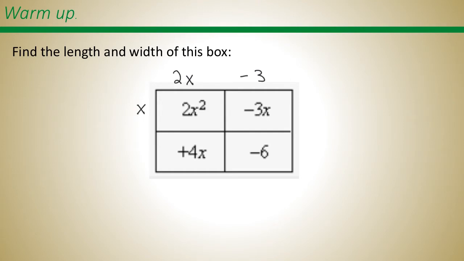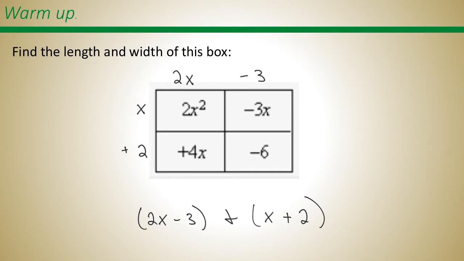And then the next one, since it's positive, we're going to bring out that positive sign, and they can both be divided by 2. So my length and width would be 2x minus 3 and x plus 2.